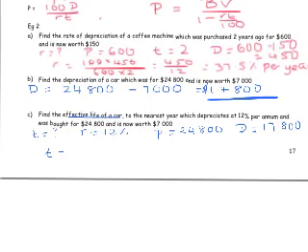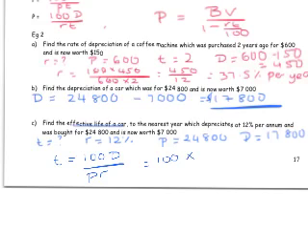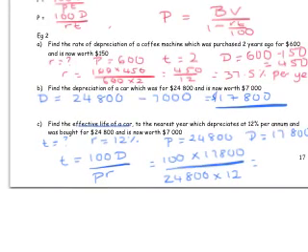So we want to find time, and time is 100 times the depreciation over PR, which is 100 times 17,800 over P, which is 24,800, times R, which is 12%. Working all that out on your calculator, which gives us 5.98. Okay, so to the nearest year is 6 years.